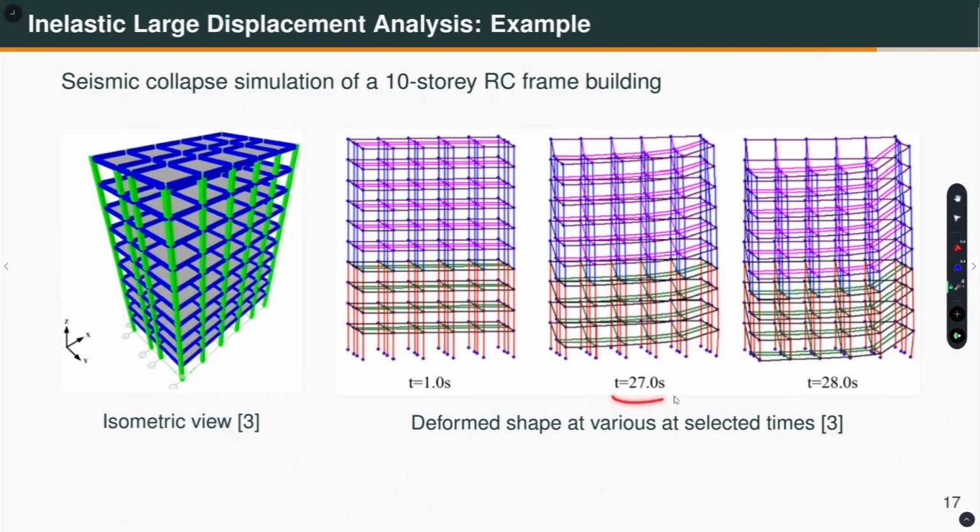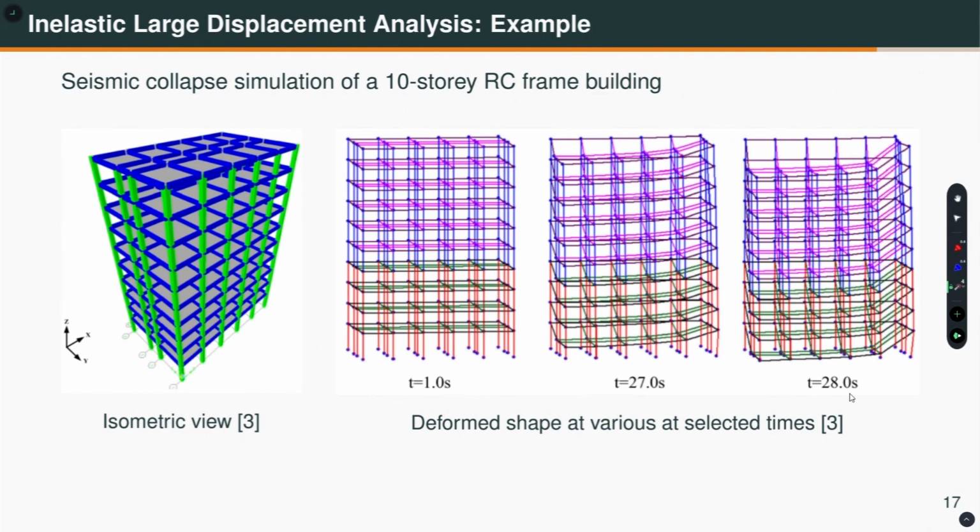At 27 seconds, the building is like this. The first floor is coming down, which you are able to see. And then here we are getting a complete collapse at about 28 seconds. So for this kind of analysis where the displacement is large, you need to consider both material nonlinearity as well as geometric nonlinearity, considering large displacement.